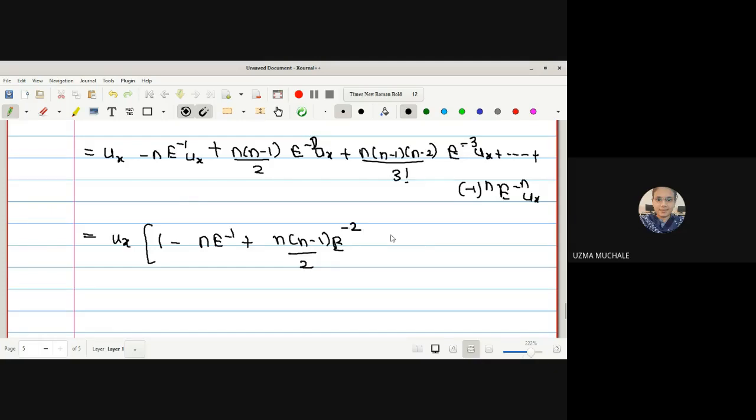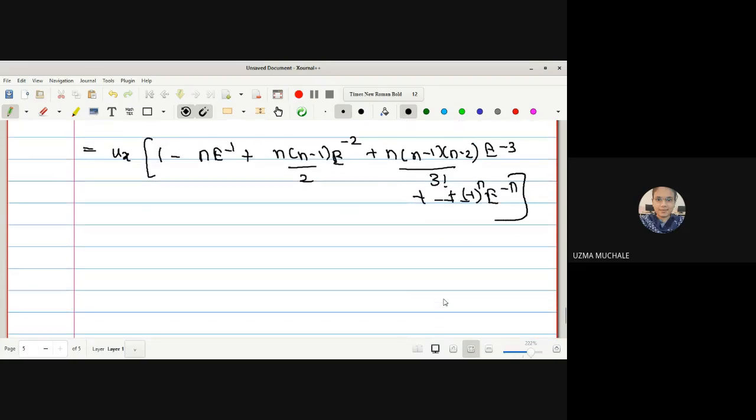Plus n(n−1)(n−2)/3! E^−3, and so on up to minus 1 raised to n E^−n. After this, can anyone tell me what is the value of this whole bracket?